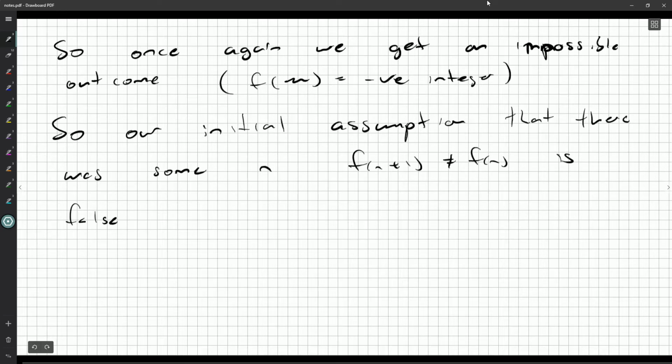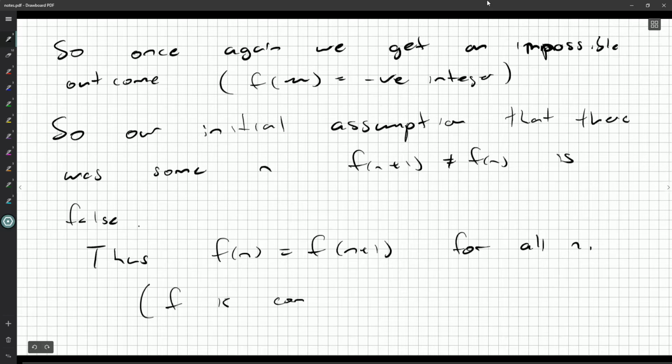If it's negative, we have a problem. So it's got to be 0. So f(n) equals f(n+1) for all n, or f is constant. Okay? So all we've managed to show so far is if a function satisfies these properties, it must be constant.